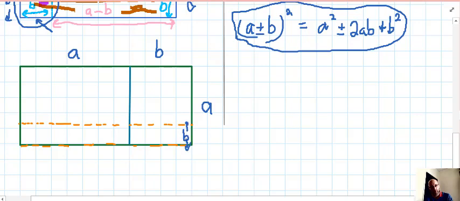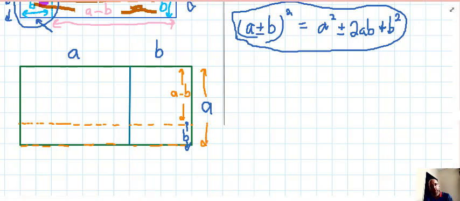So that makes this part here vertically a minus b from there to there. Okay, and it's a like so. So we have another pattern. This is the final one. We want to know what this area is.